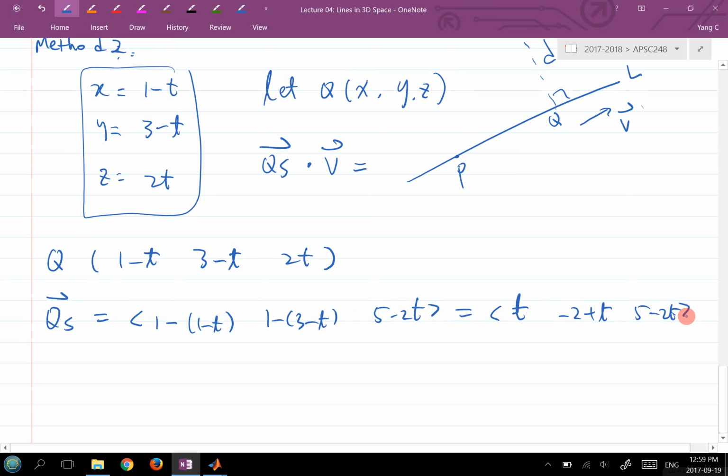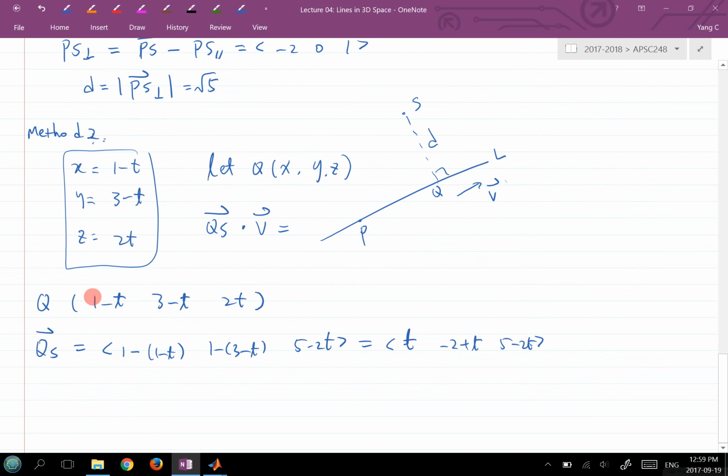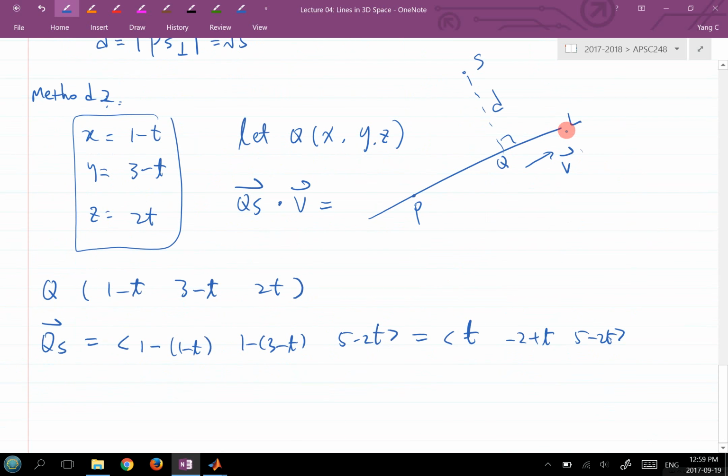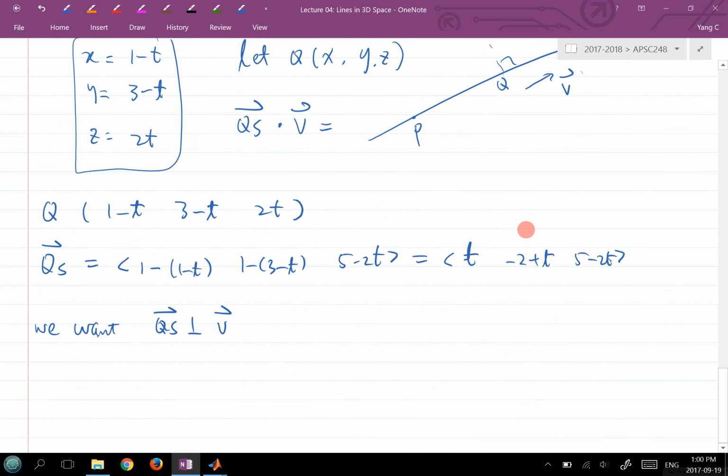Still nothing special. It's just a general Q, a point on the line, and you create a vector between Q and S. And then we come to the special part, because what you're looking for is a special Q point, which gives you a perpendicular relationship between this QS and the line L. We also already have the parallel vector V. So what we want is for QS to be perpendicular to V. And when two vectors are perpendicular, it means their dot product equals 0.